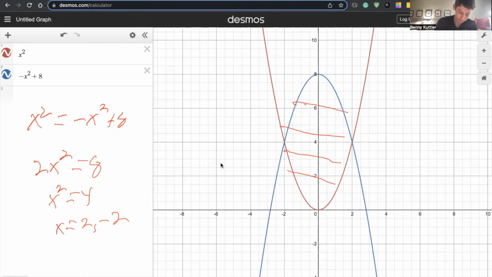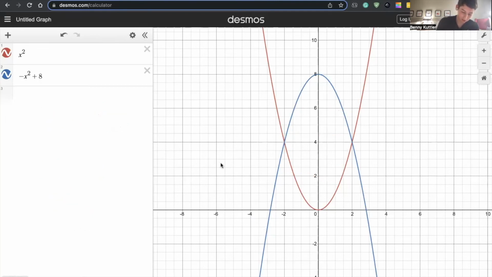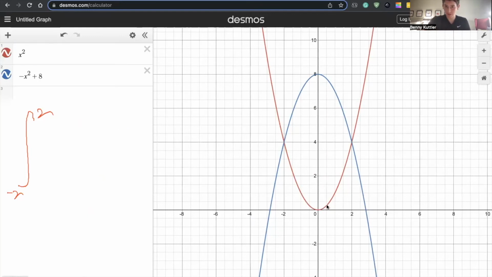Now we're going to look for the integral between negative 2 and 2 of these functions subtracted. What we sort of need to do is take the higher function minus the lower function. So the blue one minus the red one. But there's a way we can get around finding which one is higher.